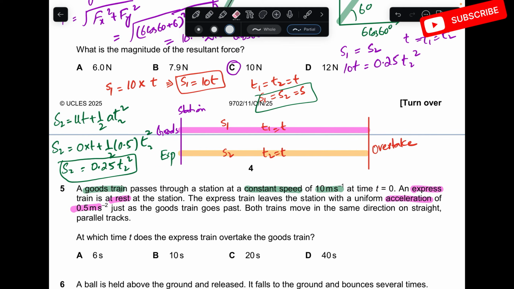So this t will cancel out with one of the t's in the square, so t can be written as 10 divided by 0.25, which gives you 40 seconds. It's option D that is correct.